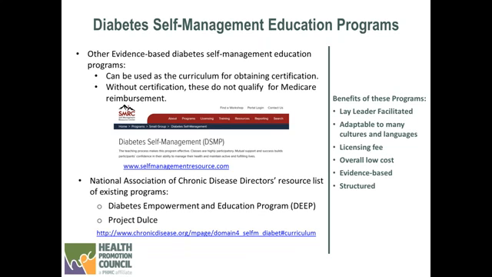The benefits I have listed on the right are that they're culturally adapted and can be used to train lay leaders to facilitate these programs. Again, it is evidence-based, so it's a lower overall cost of offering programs, and clinical staff, like registered dietitians and registered nurses, can serve as oversight of these lay leader groups and provide more robust programming to reach the many people who desperately need these programs.